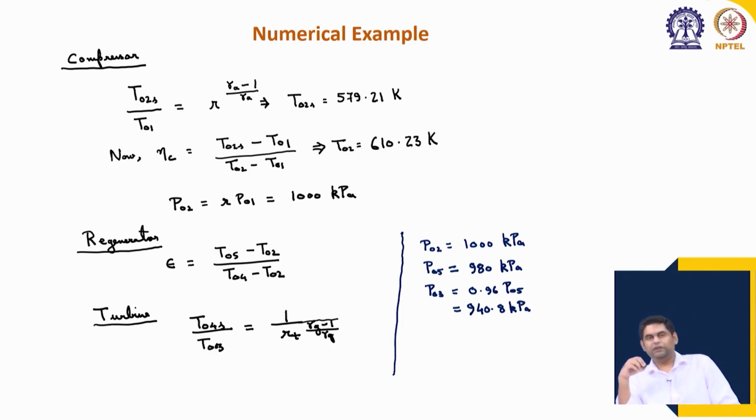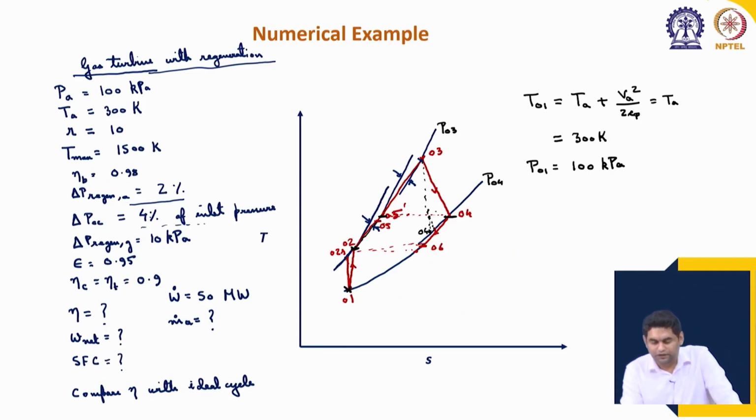Now, is this sufficient to calculate the pressure ratio of the turbine? Think for a moment. Is there any other pressure loss? There is another pressure loss, which is at the gas side of the regenerator. But how does it affect the turbine process, because this is after the turbine? It affects the turbine process because ultimately the exhaust gases after the regenerator have to go out at the ambient pressure.